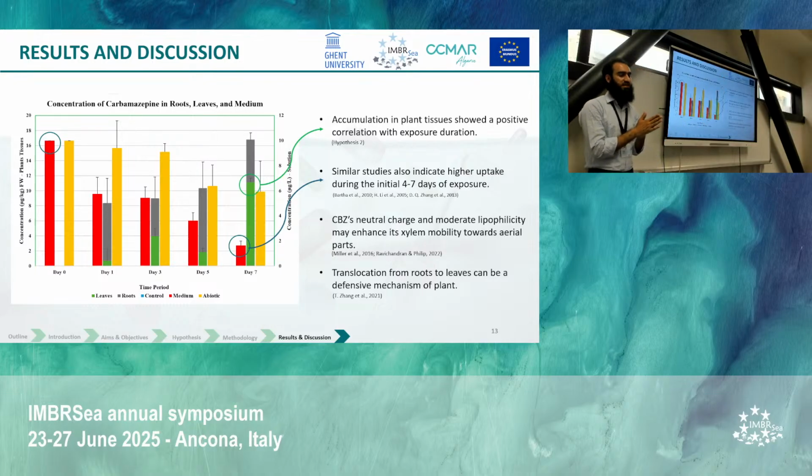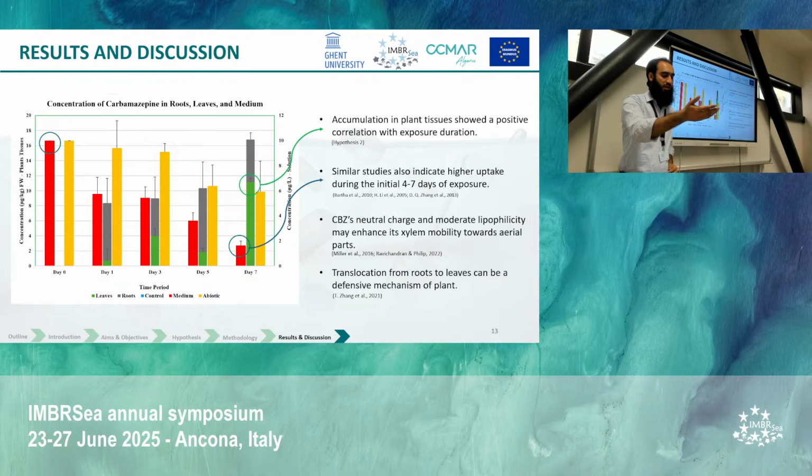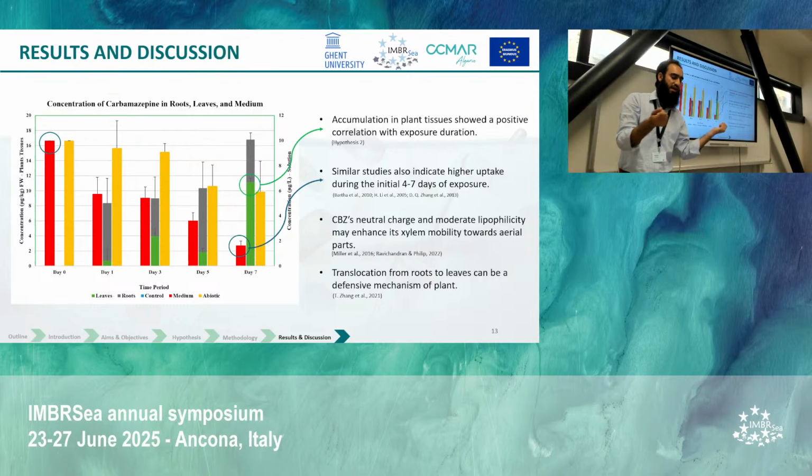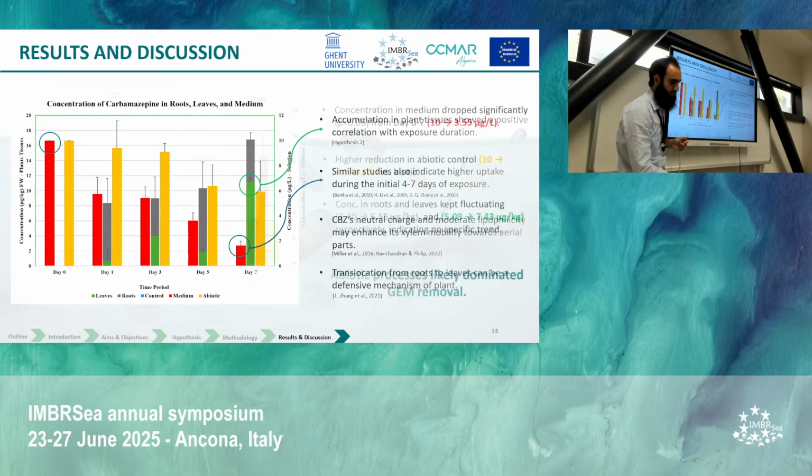This translocation is basically connected with the neutral charge of carbamazepine, and its moderate lipophilicity, which may enhance xylem transport. So in the xylem, they can go towards the aerial parts. And sometimes plants also use this mechanism of translocation as a defense: they transfer the contaminants to the leaves, and then they have time to degrade these contaminants, as was discussed by Thesis et al.